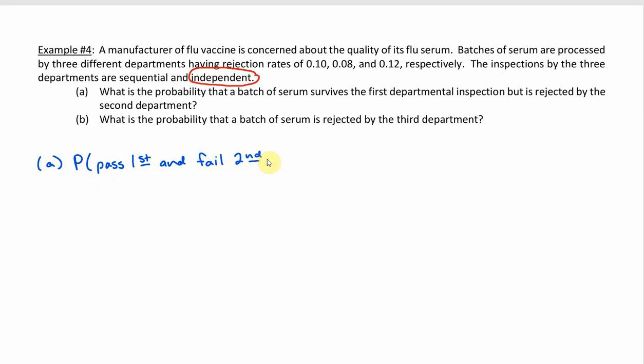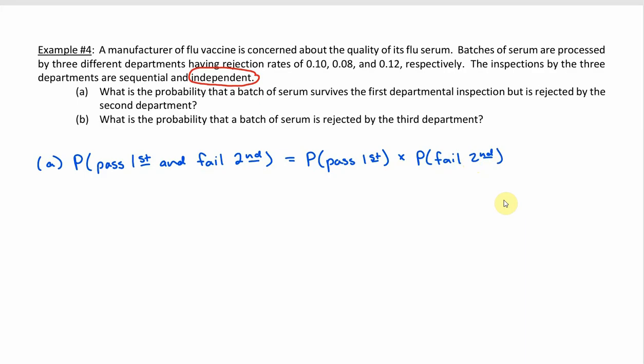But we do know that these are independent events, so because of the independence, we can say this will be the probability of pass first multiplied by the probability of fail second.